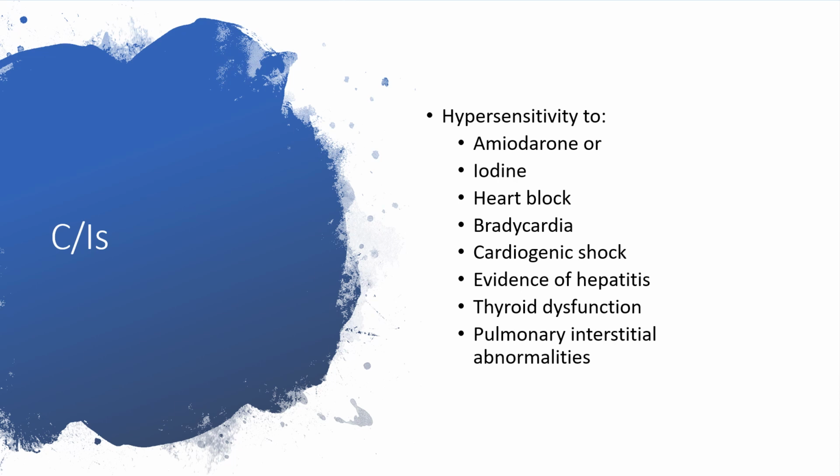When there are pulmonary interstitial abnormalities, because amiodarone on its own could give pulmonary fibrosis with pneumonitis, then no amiodarone.